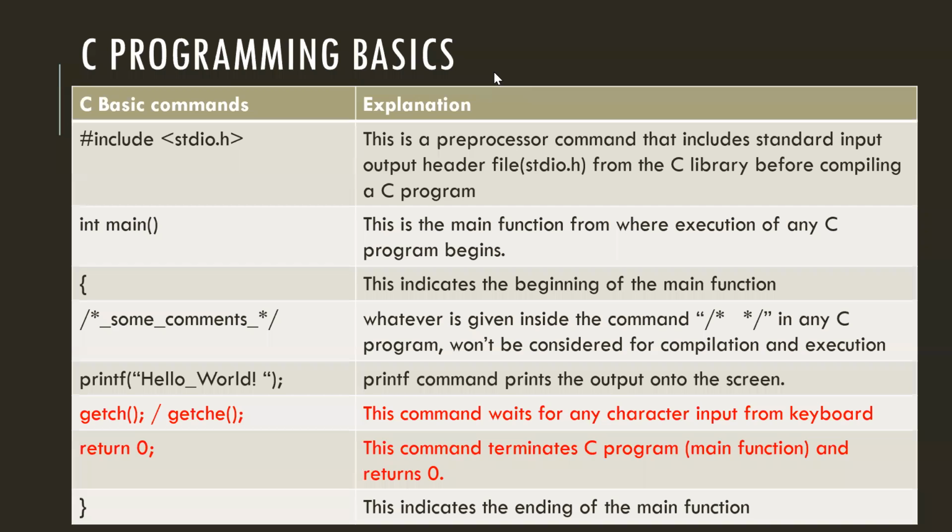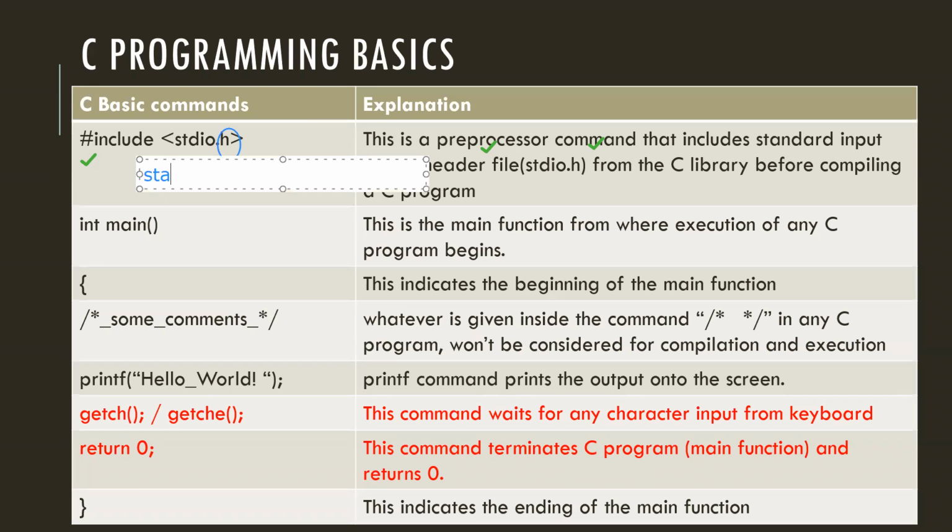Moving further, these are the basic C commands. You also could use the basic command of the #include, which is a preprocessor command, meaning it includes the header file needed to run that program. That's why this H here stands for a header file. So what is stdio?